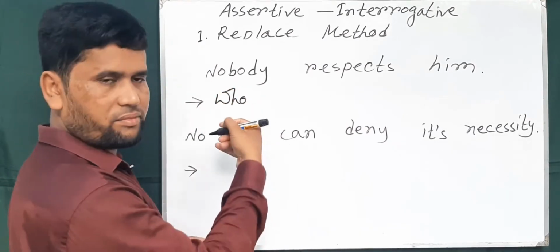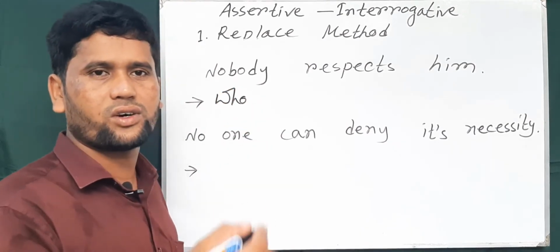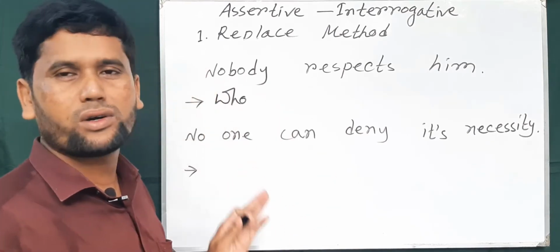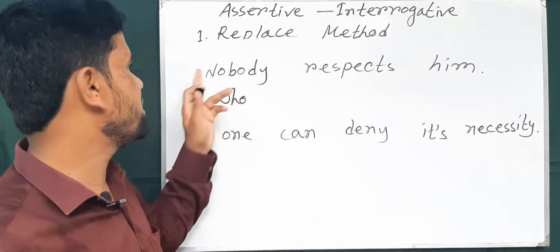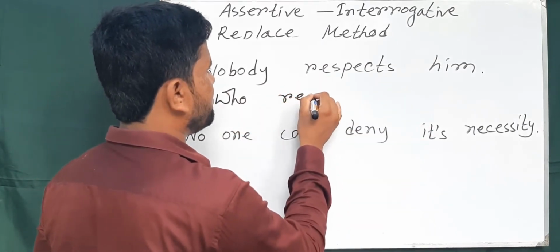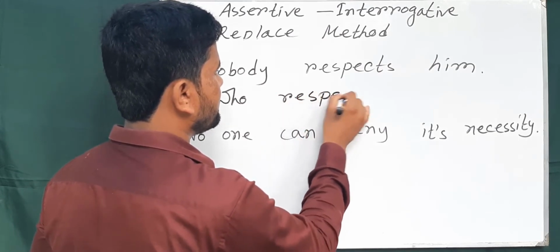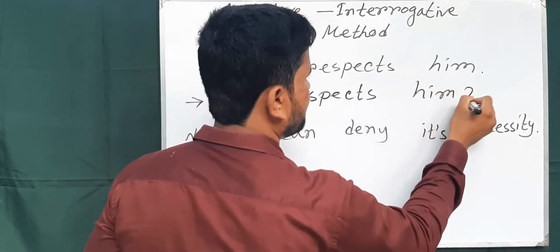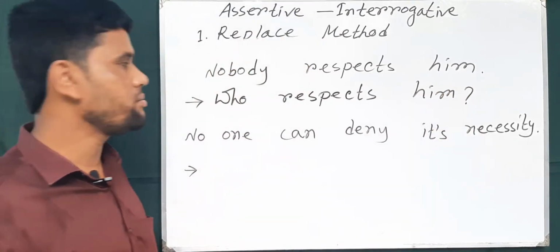But before we use who plus does or do or did or we were plus not, but when you find nobody or no one, you use only who instead of nobody or none, and then you can write the other parts of sentence. Respects him, and then you must use interrogation mark.